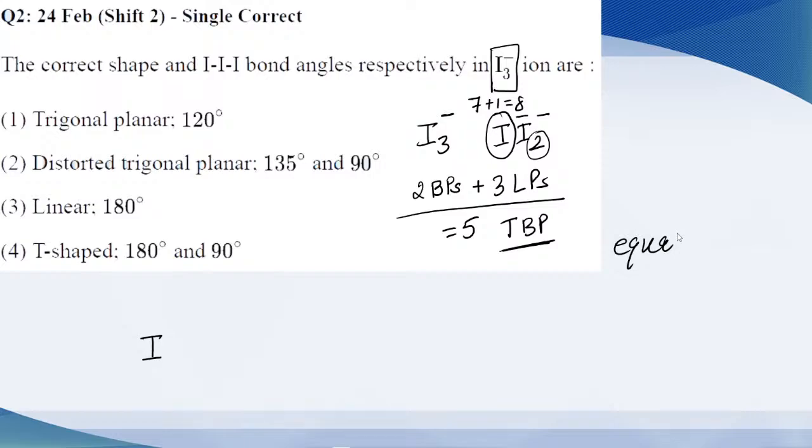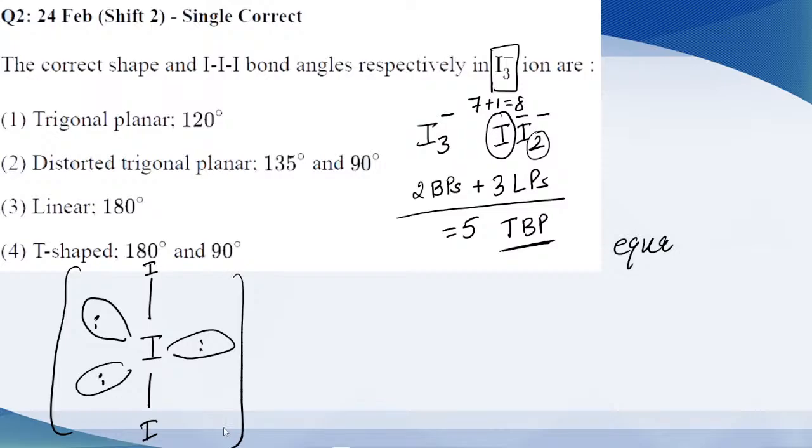They are on the equatorial positions. So three lone pairs are on equatorial positions and two bond pairs on axial positions. In this way, it is linear in shape and the angle is 180 degrees. So third option is correct.